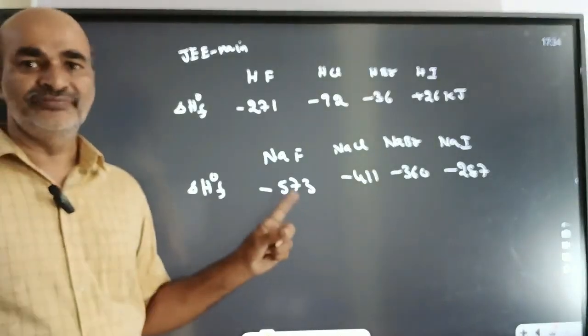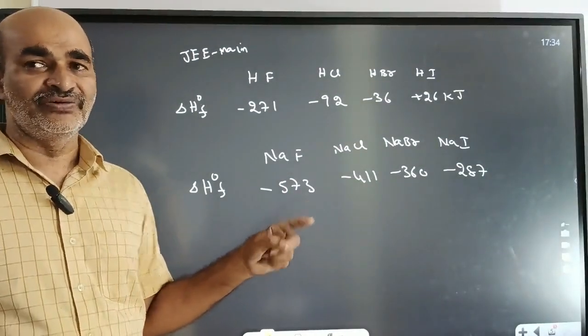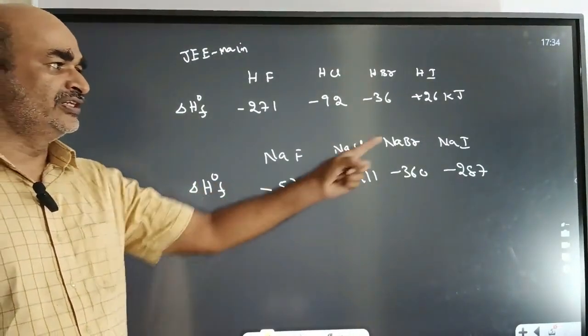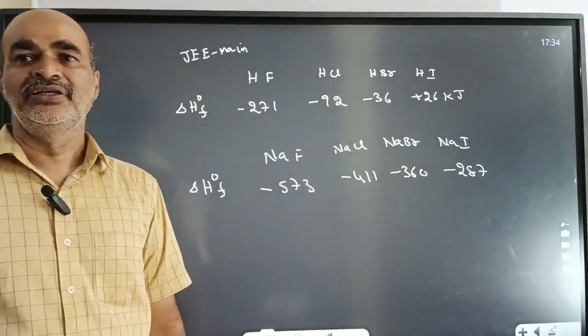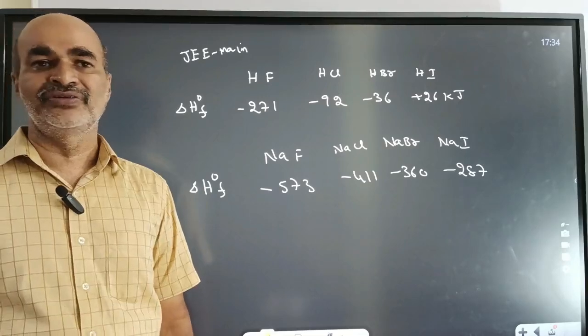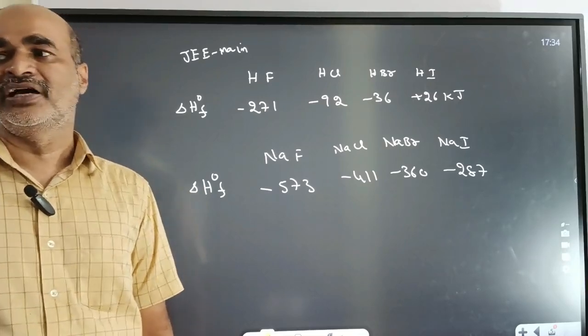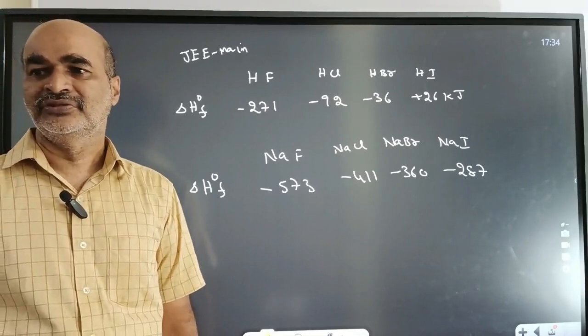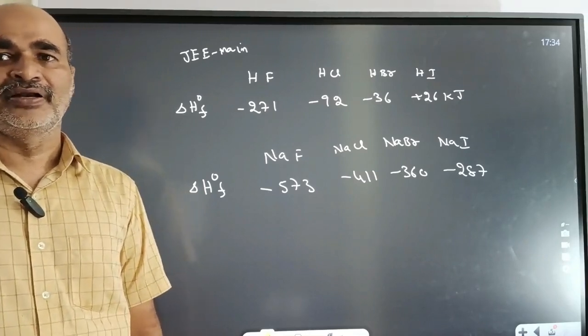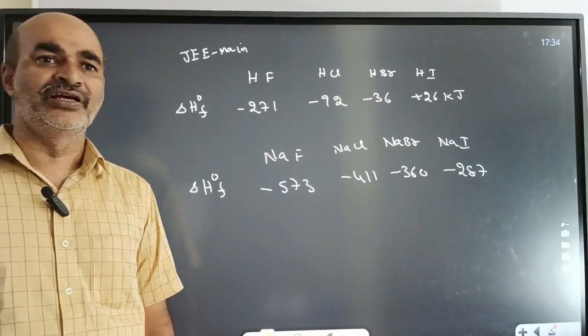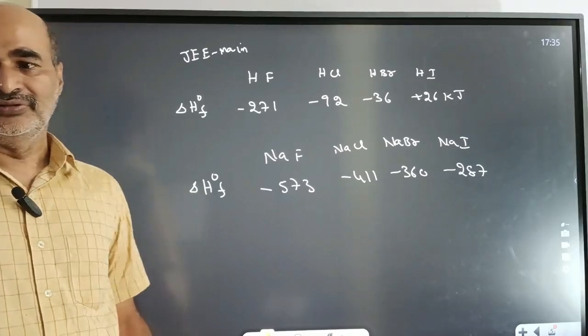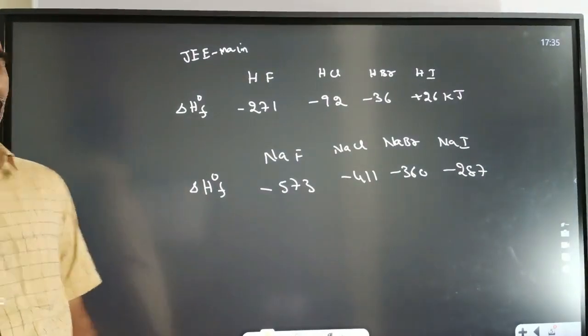So the most stable compound is NaF, and the least stable compound is NaI. The greater the enthalpy of formation value, the higher the stability. Okay, please write down.